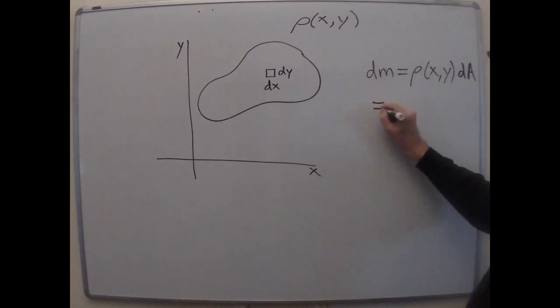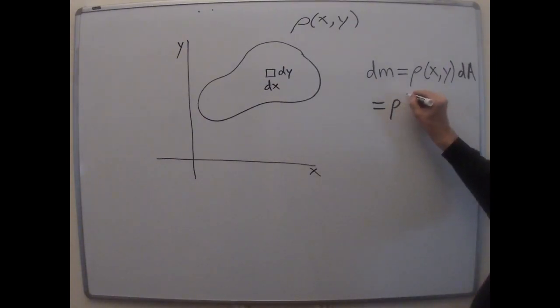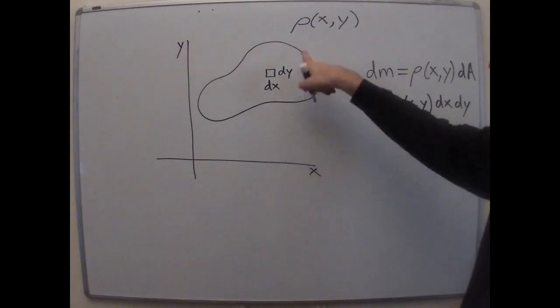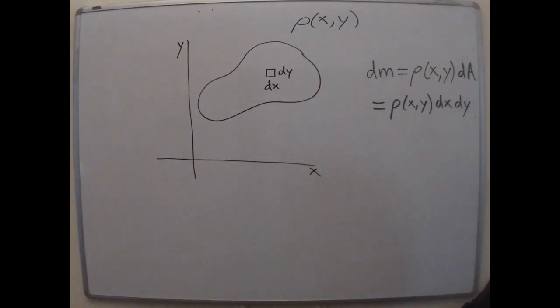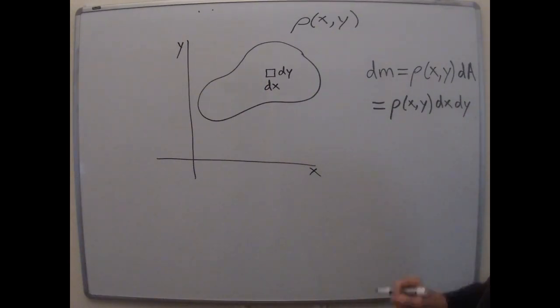But it's the same thing, of course, if we're in rectangular coordinates, to say rho of x,y dx dy, say. That order might change around if I decided that this integral was easier to do in one order versus the other. That's such a blobby thing, I don't think either integral was very nice.